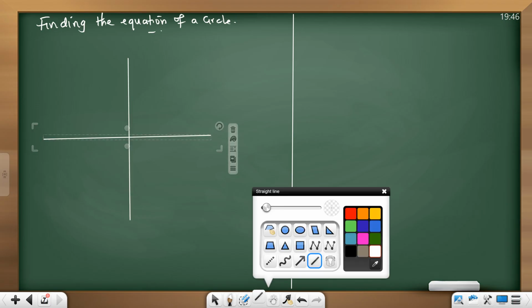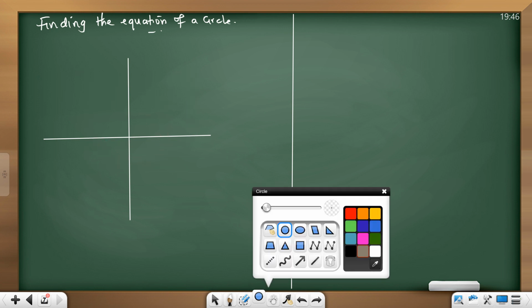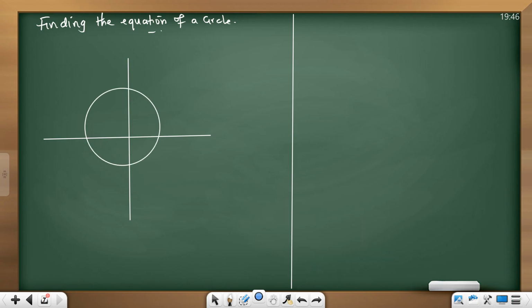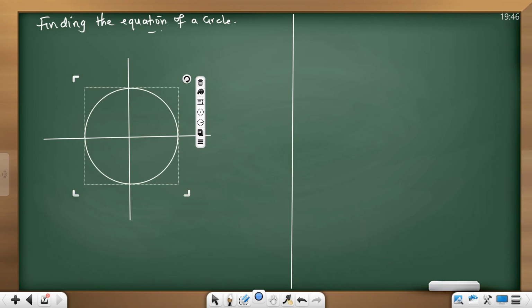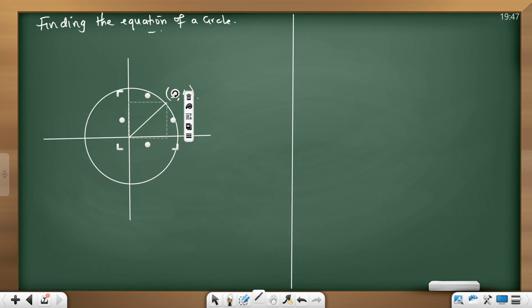I'm going to start with the center being at the origin. That one is very straightforward. Center at the origin, and I have a point, let's say 3 and 4, on the circle. Center, origin. It means this is 0 and 0.